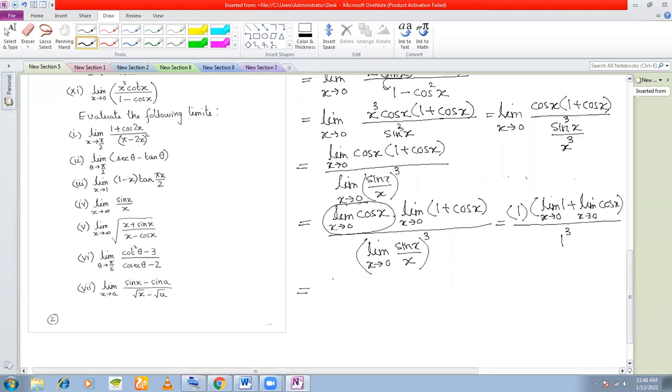So now you have 1 into 1 plus limit x tends to 0 cos x, which is 1, divided by 1. So what you're getting here is 2, and that should be your answer. Okay, any question?